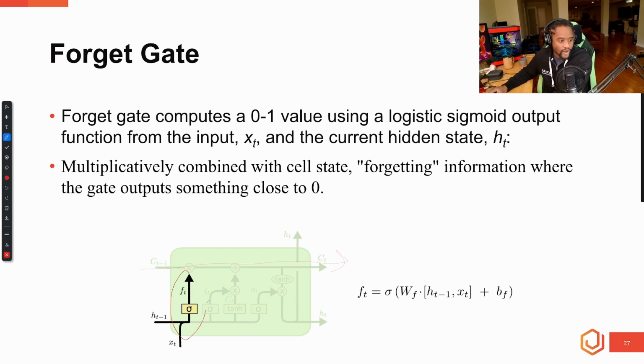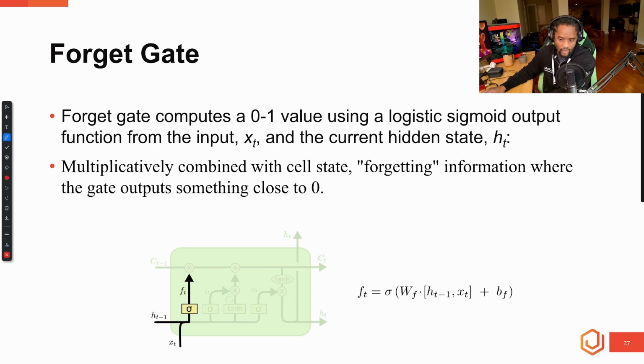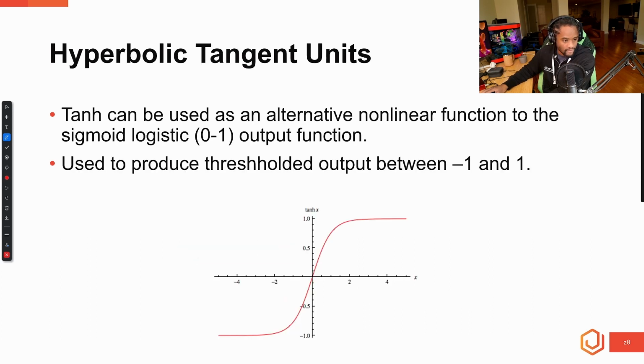So here we squash it for forgetting. We use a sigmoid, a number between 0 and 1. You multiply it, so you squash it. This is the forgetting part of the machine: weights to determine how much to shrink the cell state.